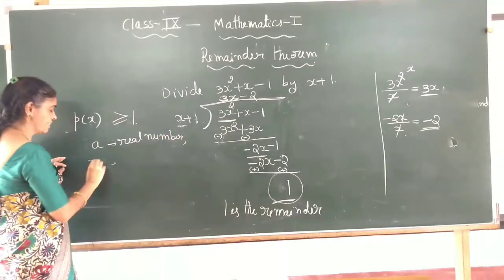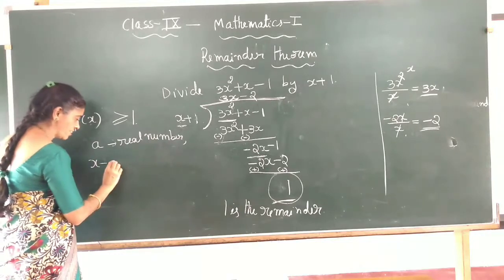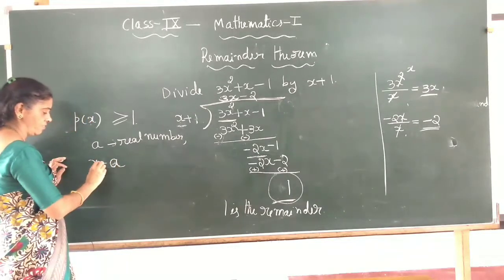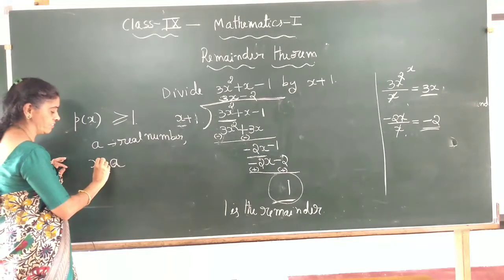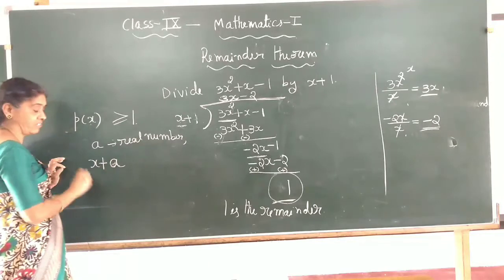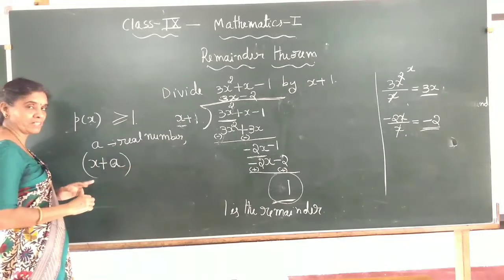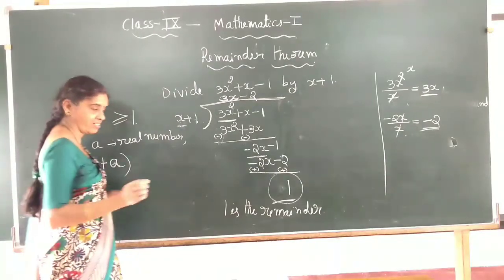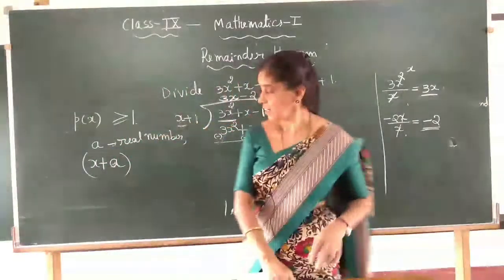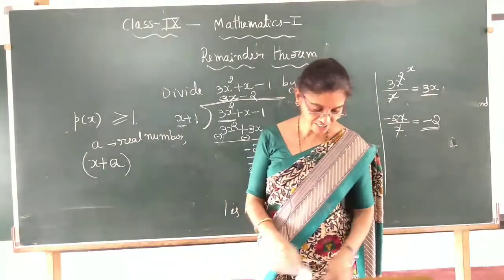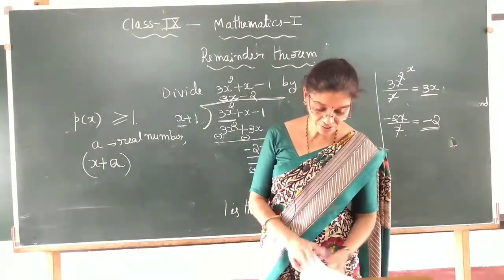Then x minus a, or if it is dividing by x plus a, we will take x plus a. If you are dividing by this polynomial, the remainder is... I will just check it once, so I should not get confused.